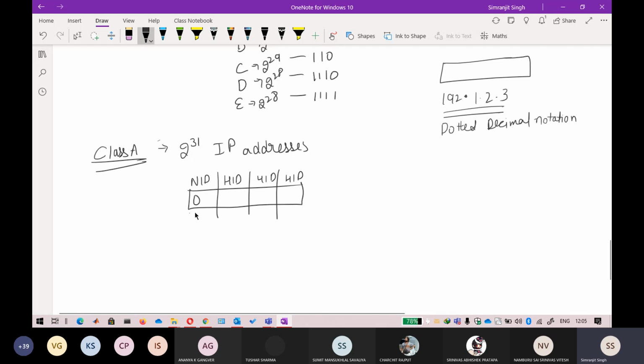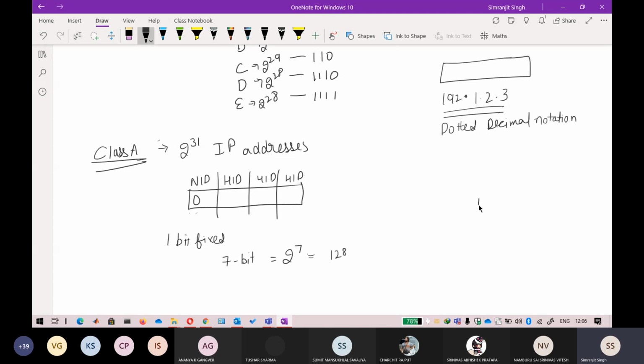Out of 8 bits, one bit is fixed. I cannot do anything about it, so I can change only the remaining 7 bits. With 7 bits, I can get a total of 2 raised to power 7 combinations. So when you're getting 2 raised to power 7 combinations, it means you will be able to get 128 addresses, I think.